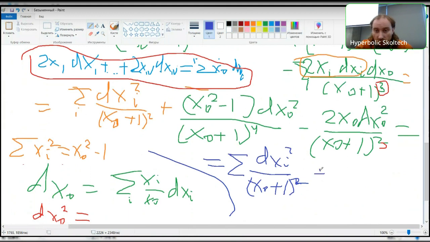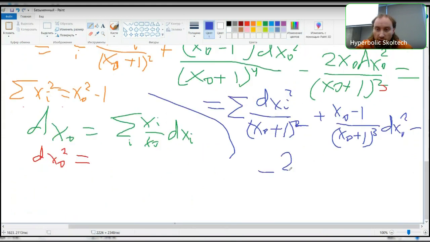And here we have something like x0 minus 1 divided by x0 plus 1 cubed dx0 squared, minus 2 x0 dx0 squared over x0 plus 1 cubed.